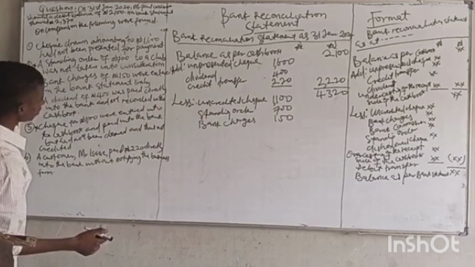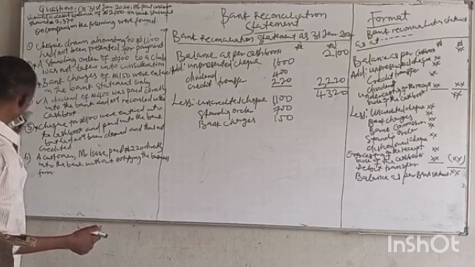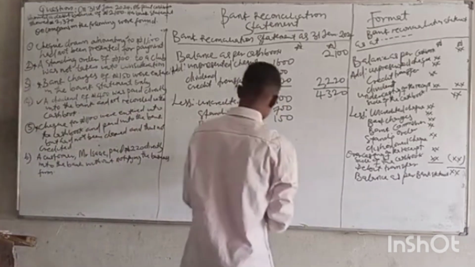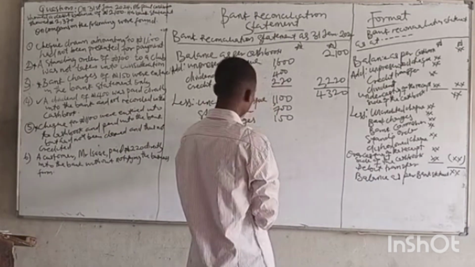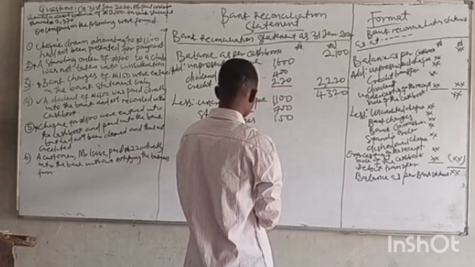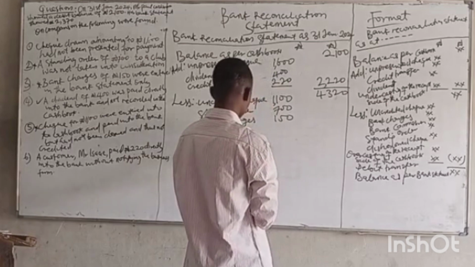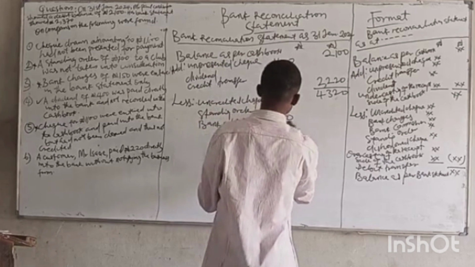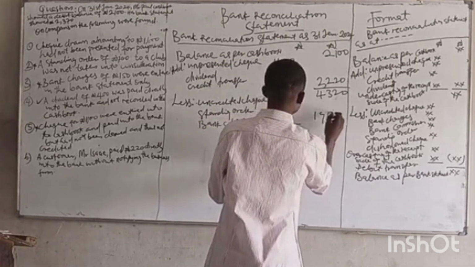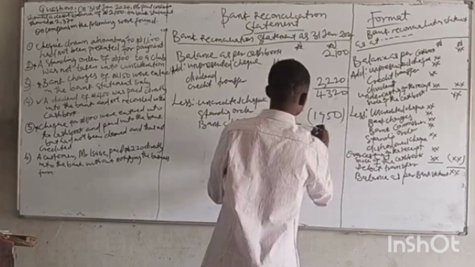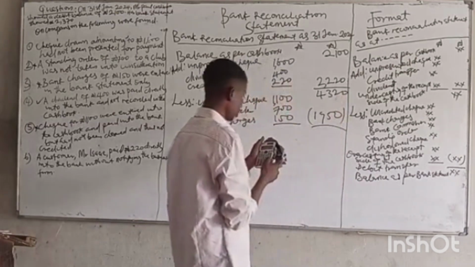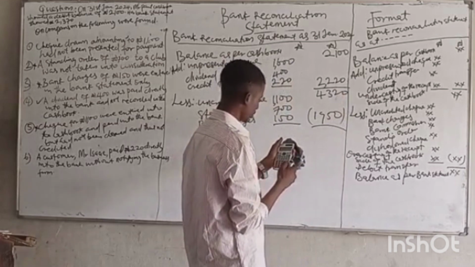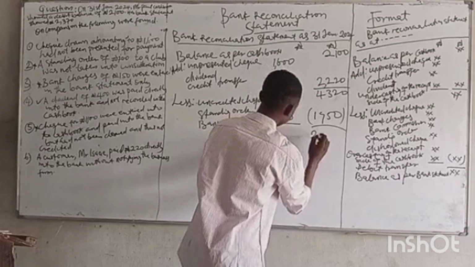And so this is all the transactions. We have already treated all of them. So now, let's add it. 1,100 plus 700 plus 150, we have 1,950. When we less this from this, minus 1,950 from 4,320, we have 2,370.